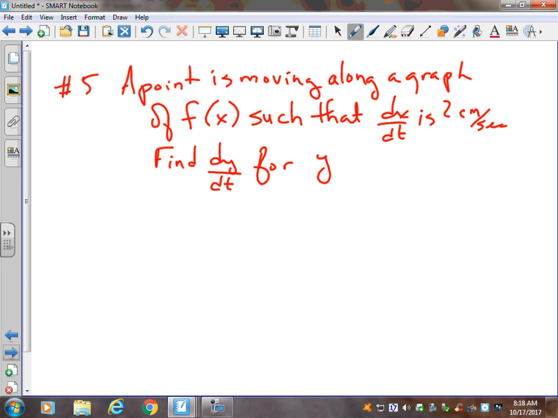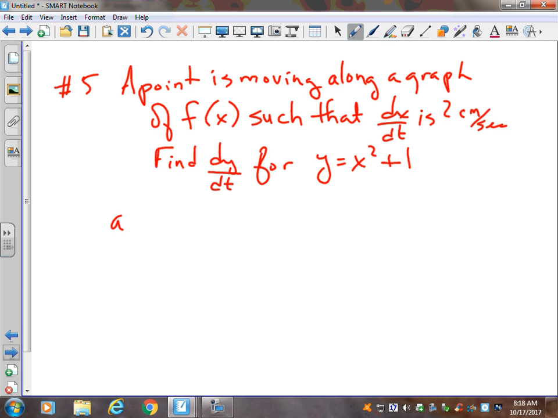For y equals x squared plus 1. So we know that's a parabola that starts off on the y-axis at 1. So the key here is I could look at every place along the curve of the graph and talk about how the x is changing in centimeters per second and find our dy over dt, which also would be in centimeters per second because the units have to be the same.